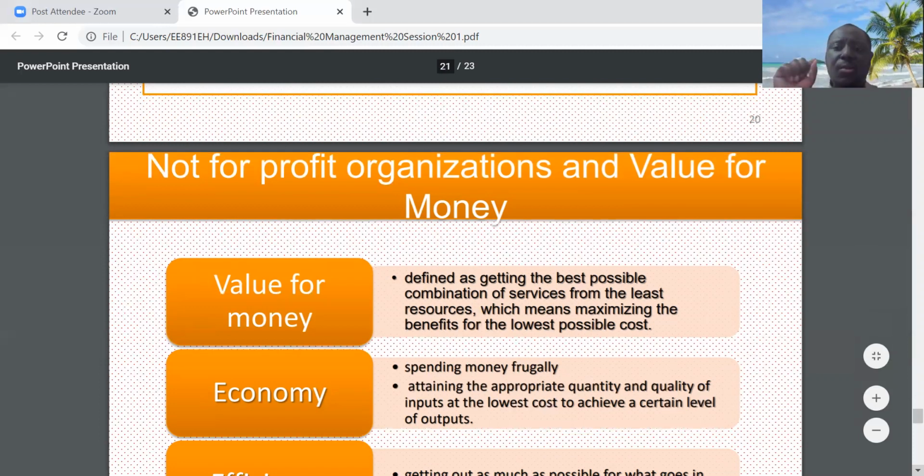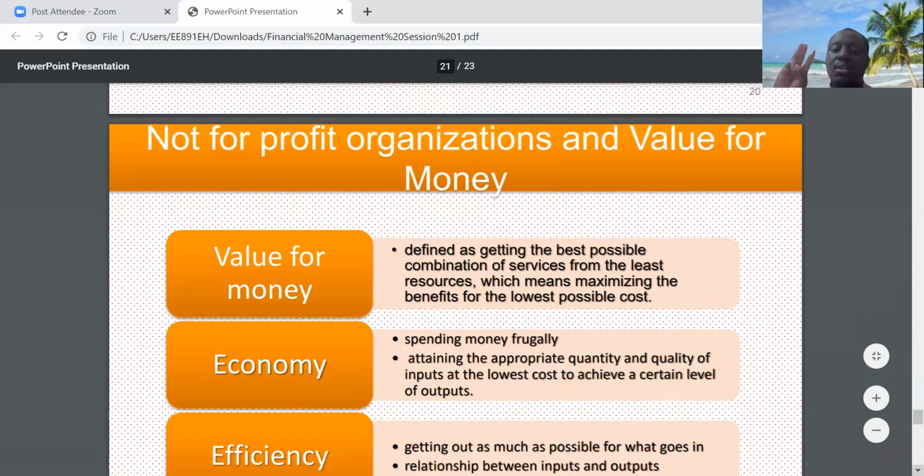They manage their resources with a concept called value for money, which means you are getting the best possible combination of services from the least possible resources. You are maximizing your benefits for the least possible cost.